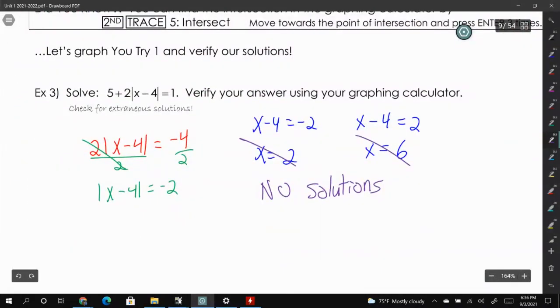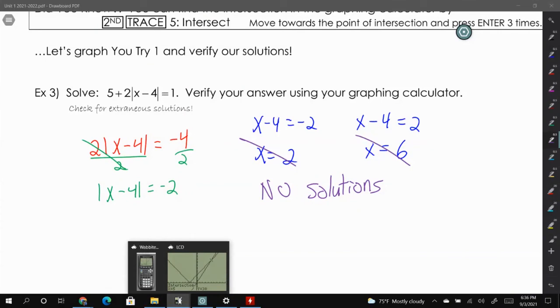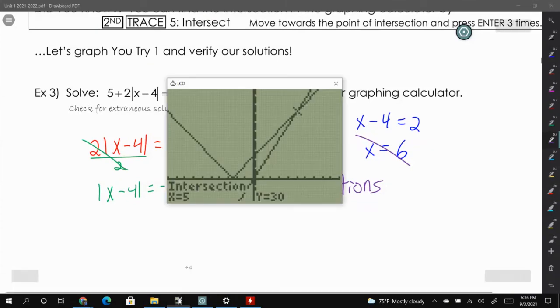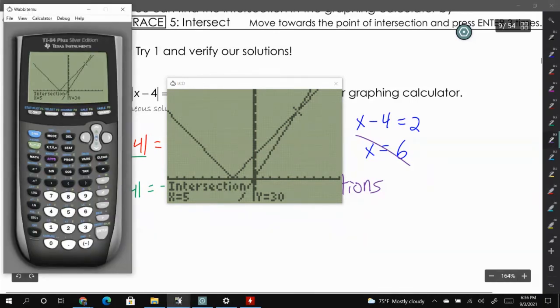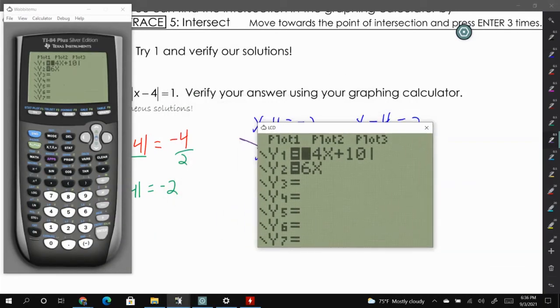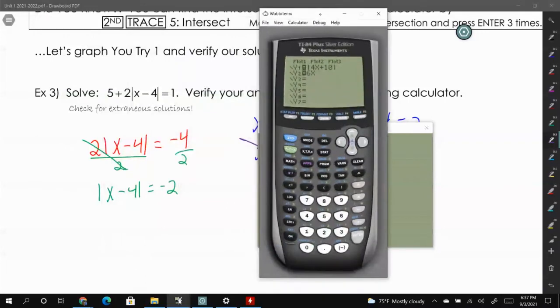Now let's look at this one. We should see that there are no points where the two graphs intersect because there are no solutions. So the first equation will be 5 plus 2 times the absolute value of x minus 4.